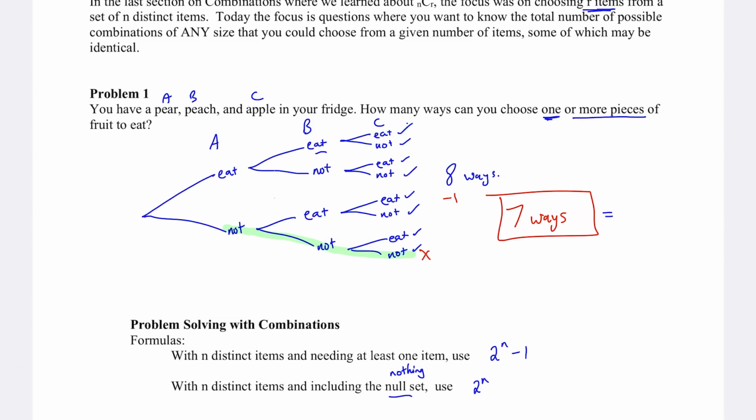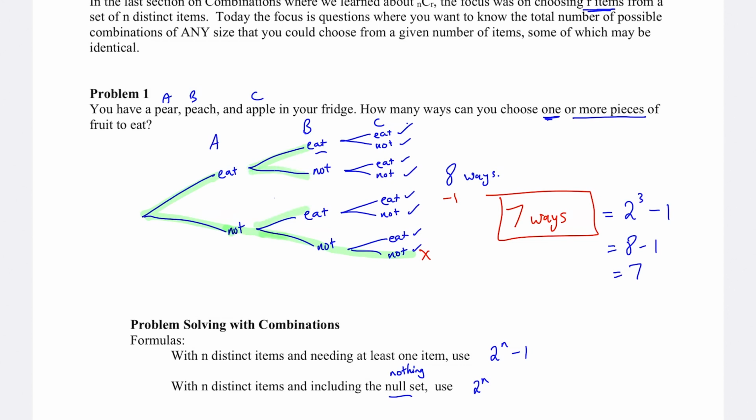Well, think about it. We have 3 distinct items, so we use 2 to the power of 3. But here we must choose at least one, so we minus 1. Well, 2 to the power of 3 is 2 times 2 times 2, which is 8, minus 1, which is 7. And if you look at the tree diagram, there's a good reason for why it's 2 times 2 times 2. Originally, we start off with a branch that has 2 options.